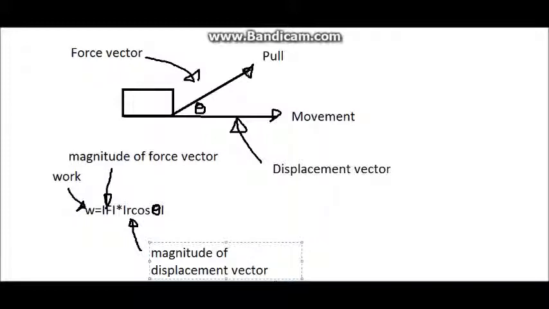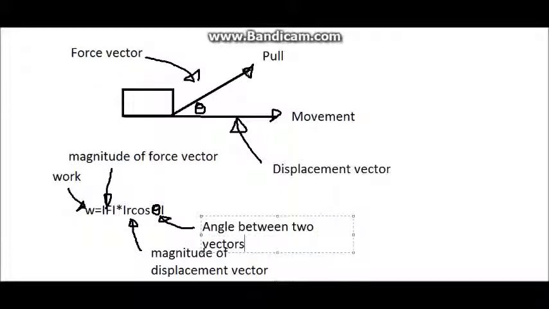And then obviously theta is the angle between the 2 vectors. Also, it's important to know that the book teaches this very differently, so don't look for that as a reference. And yeah, moving on.